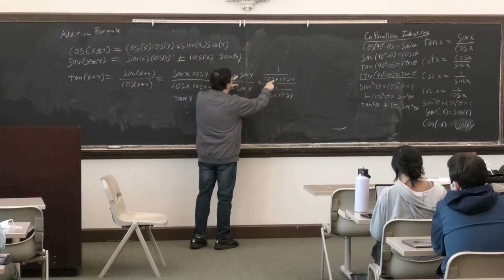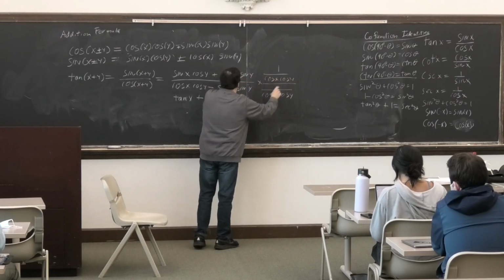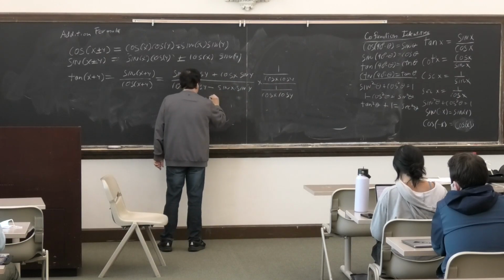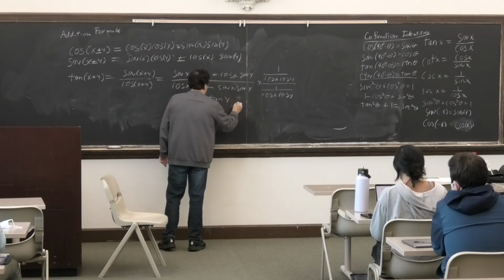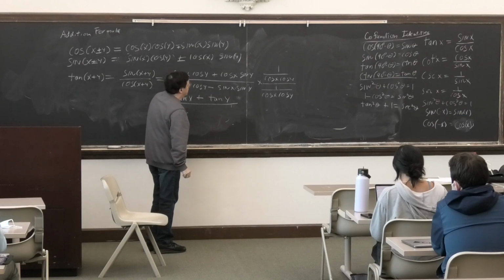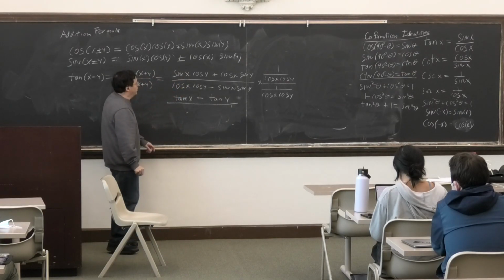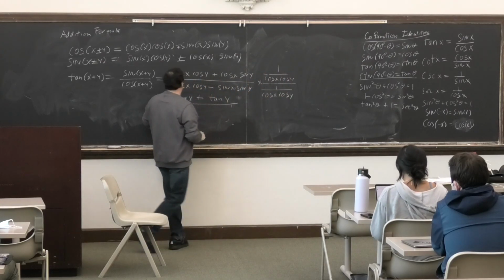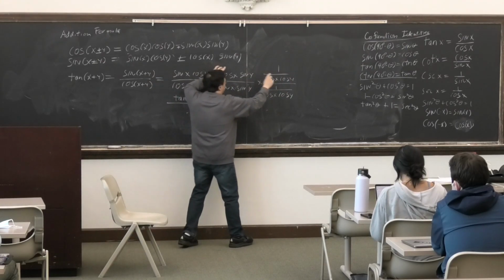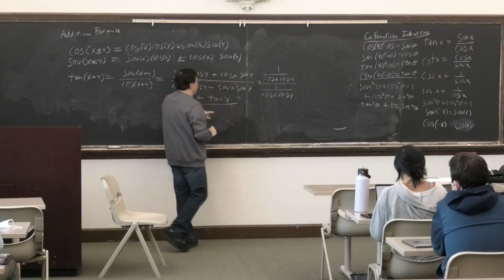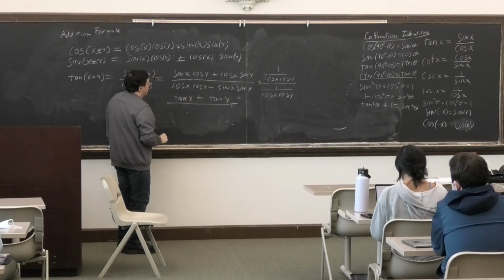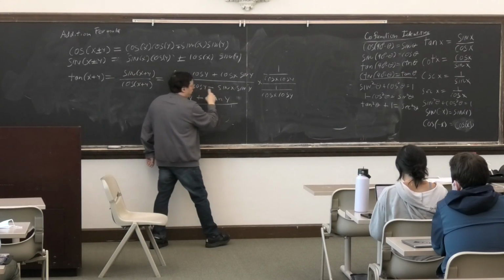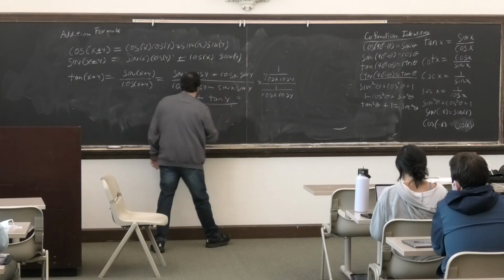Okay, now the cosine x's drop out, sine y over cosine y, right? Tangent y. Did I do that too fast? This over this is tangent of x, this over this is tangent y. Cosine x cosine y over cosine x cosine y, that's 1.